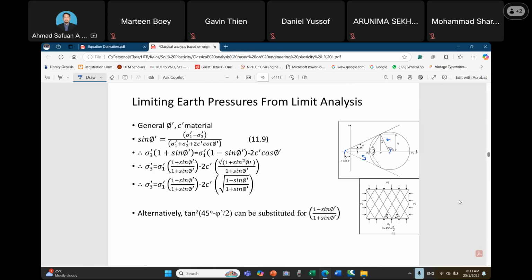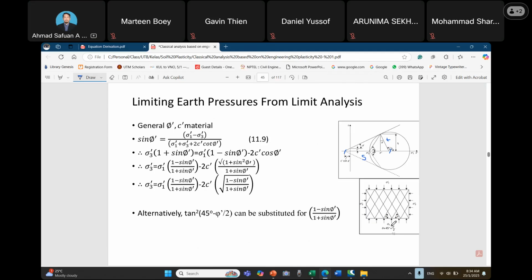Let's say this is the active soil condition, where theta is obtained from 45 plus phi over 2.